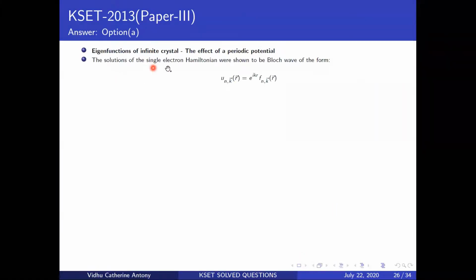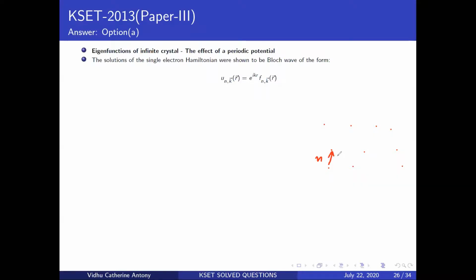The solutions of your single electron Hamiltonian were shown to be Bloch wave forms of this kind. Here n is a discrete number. In that unit lattice, you end up having n vectors that you multiply along the lattice.